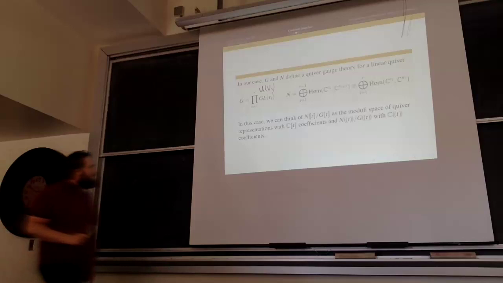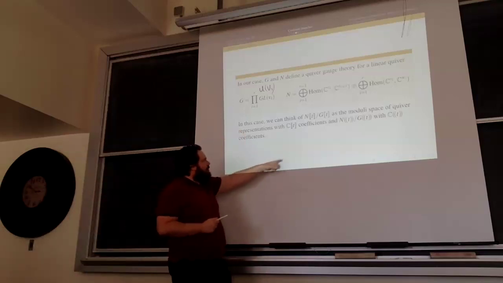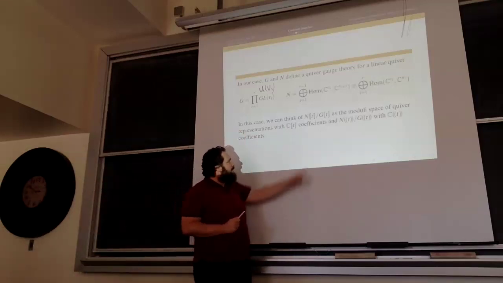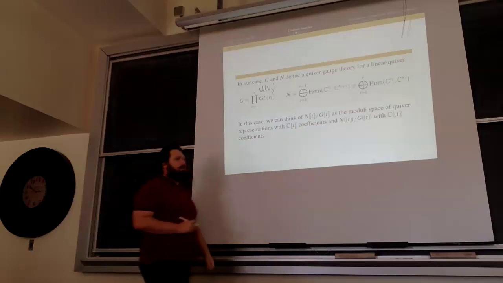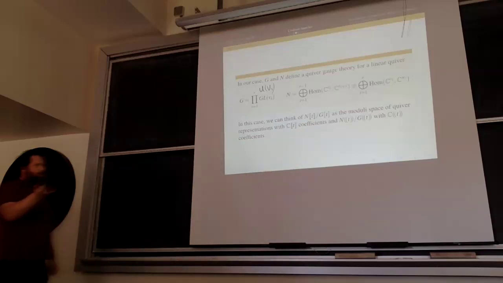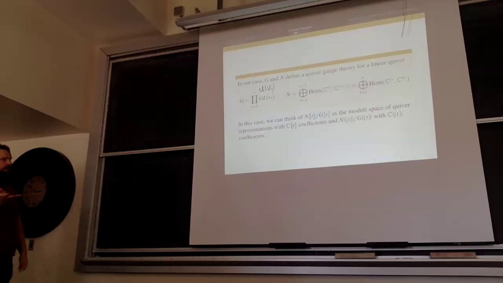All right. And I apply the construction on the previous page to this guy. If you want to think about this more concretely, what is that section of the principal bundle? It's really a point in the moduli space of quiver representations with coefficients in Taylor series.